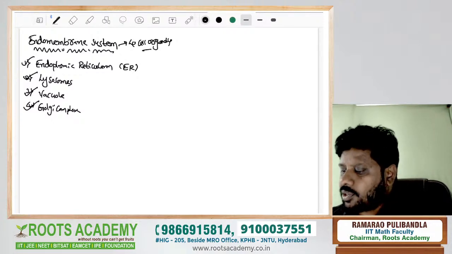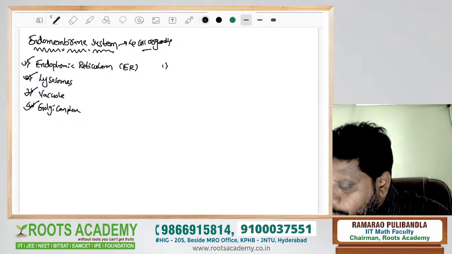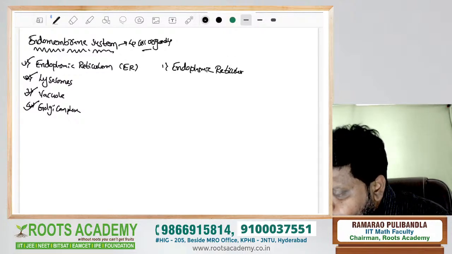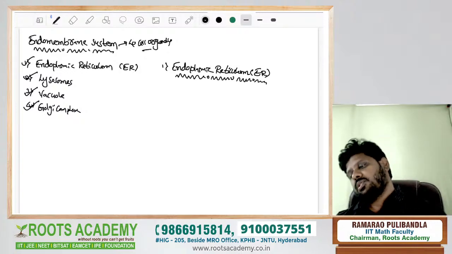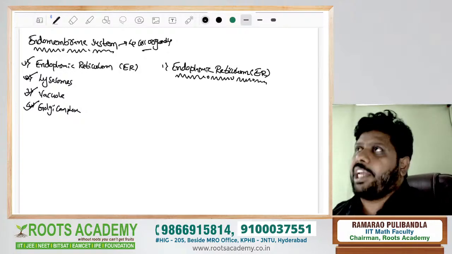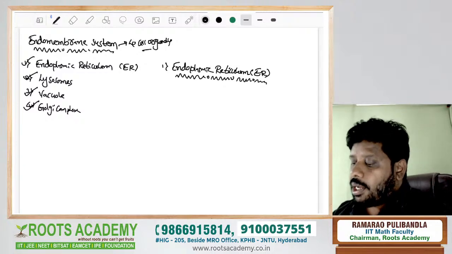So in that, first starts with what? Endoplasmic reticulum, simply called ER. So the first cell organelle is the endoplasmic reticulum. Reticulum means mesh-like structure or net-like structure.